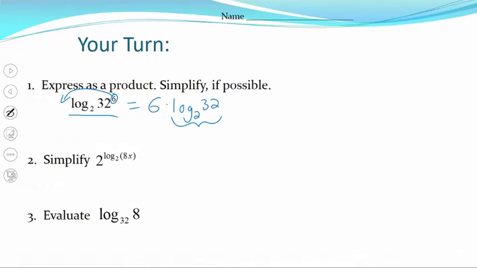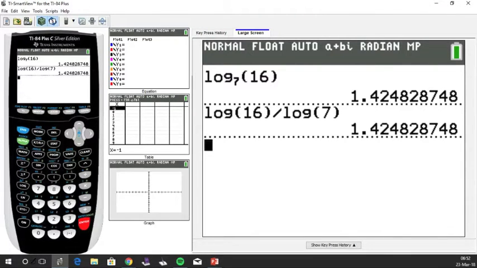Log base 2 of 32 would be the same as log 32 divided by log 2, right? So I can type that in the calculator, and when I do, let me pull it up real quick. So when I type that in, log of 32, close the parenthesis. I always forget to do that sometimes, it messes up.